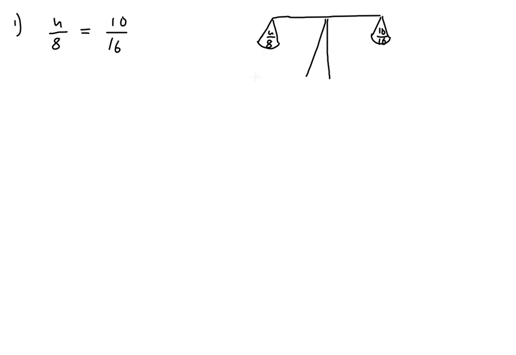So what you can do, for example, to get the answer for n would be, if here would be an 8, then you just have to see what's on top here, then it should be equal. I will show you what I mean. n divided by 8 should be 10 divided by 16, and you can make an 8 below. How?